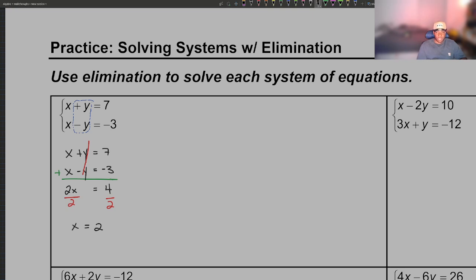All right? Now all we have to do is take that solution for x, and we're just going to plug it back into either one of the equations. I'll pick the top one because everything's positive, not too much to worry about. So x plus y equals 7. But now instead of saying x, we know the value of x is 2.